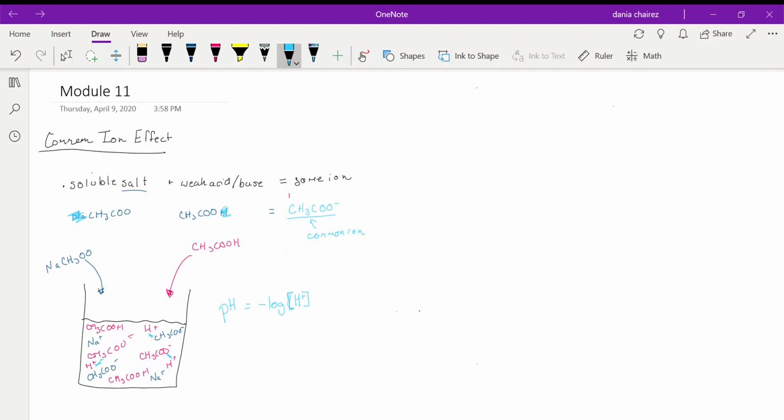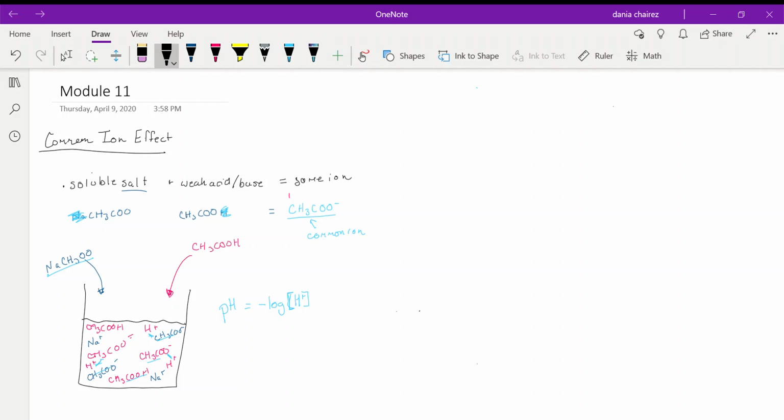So if there's not that much hydrogen concentration because of these other acetate ions floating around, then we're not going to have the pH that we would normally if this common ion wasn't being created by the salt. And that's essentially what it does: it changes our buffer because of the ions accepting those hydrogens or OHs that are in solution, depending on if it's an acid or a base in solution.